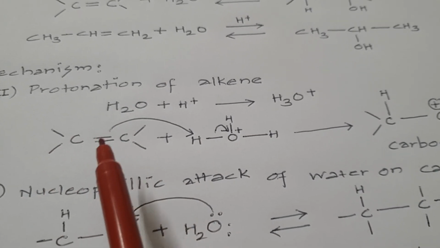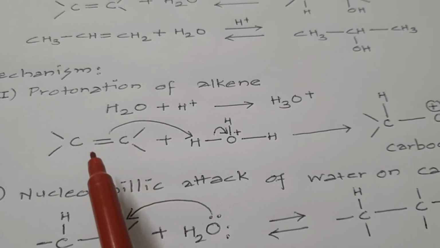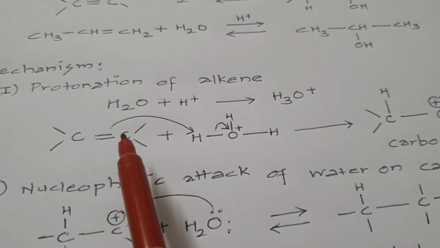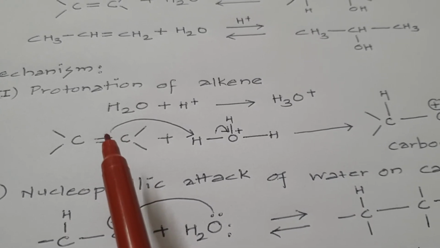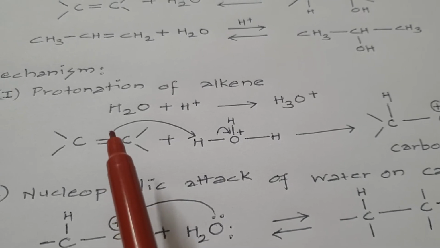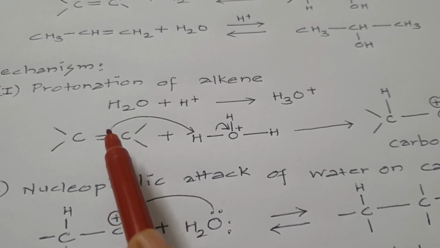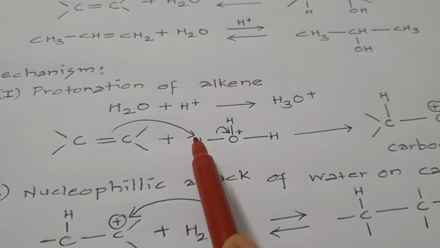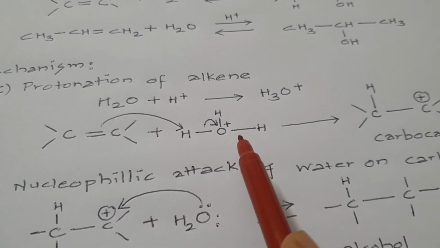Now look at it. Over here, this particular alkene is rich in electron density. So this is the electron rich species, and thus it goes to attack the hydrogen of the hydronium ion.